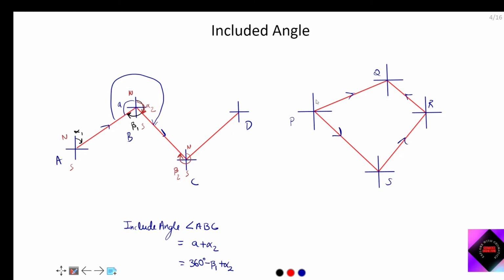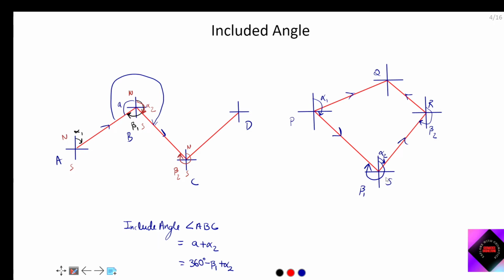For example, fore bearing of PS alpha 1, back bearing of PS beta 1, fore bearing of SR alpha 2, and back bearing of SR beta 2. So we have given this much angles.